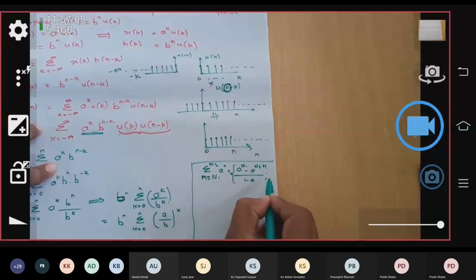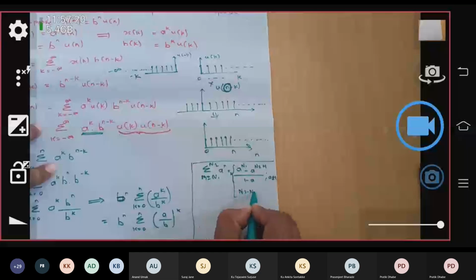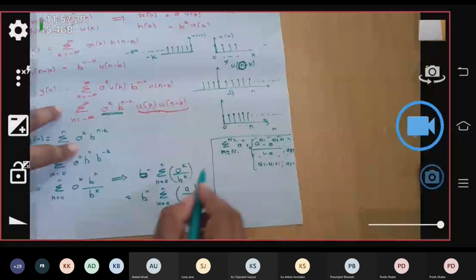This is when a is not equal to 1. Okay, and it is equal to n2 minus n1 plus 1 when you have a equal to 1. But we do not have a equal to 1 now. That is why we have to use this particular output. Okay, so here in place of a you have a by b.